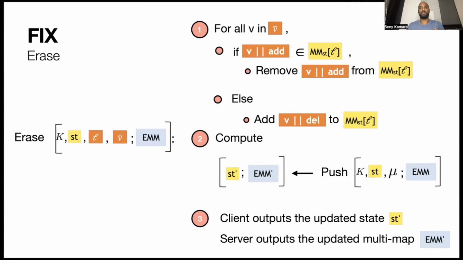If I do, I'm going to remove it from the stash. And if I don't, then I'm going to add the value V to the stash with the flag delete, with the deletion flag. Okay. And then I'm going to run the push protocol. Okay. So again, this is fairly simple up to this point.